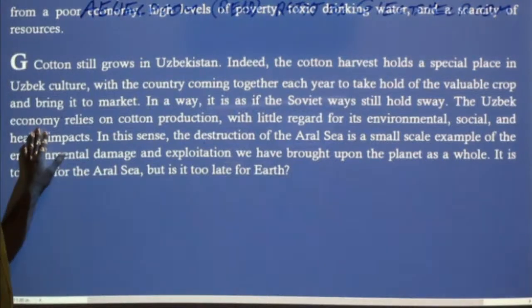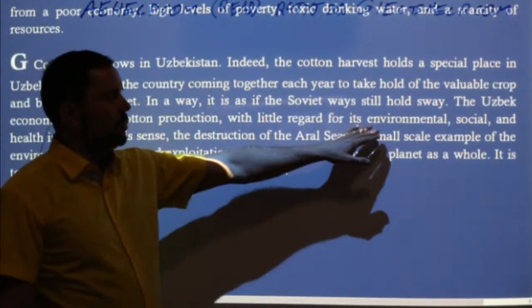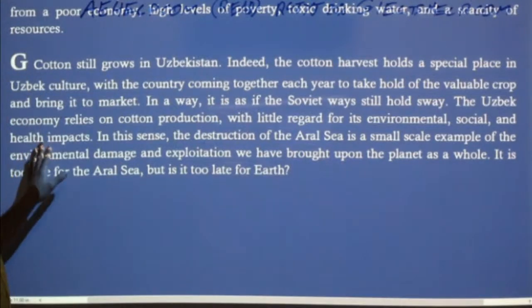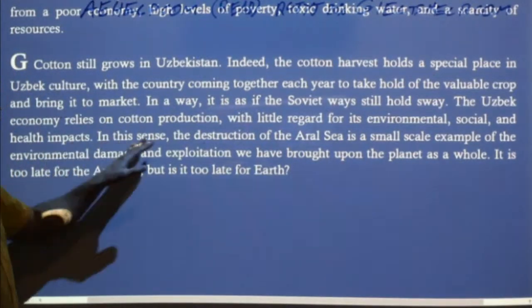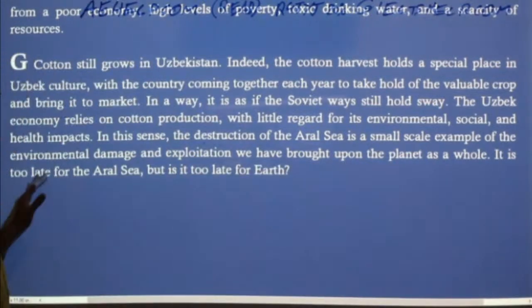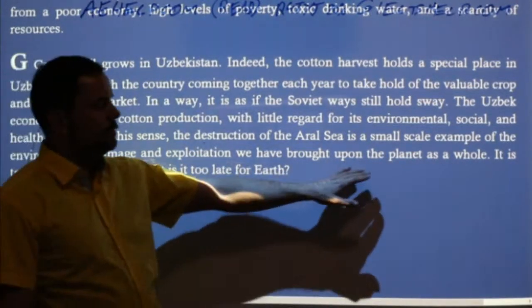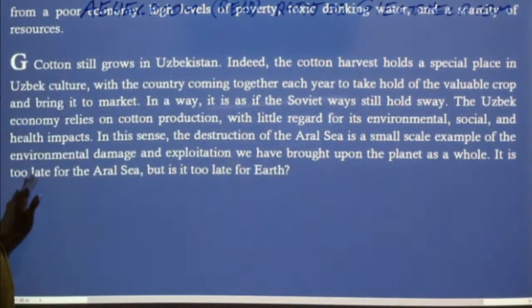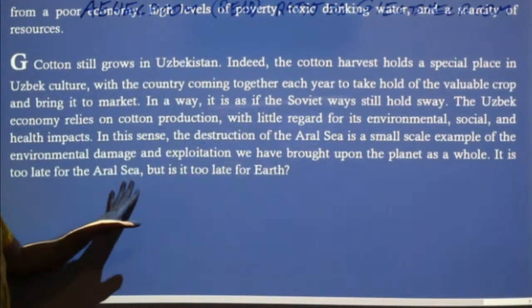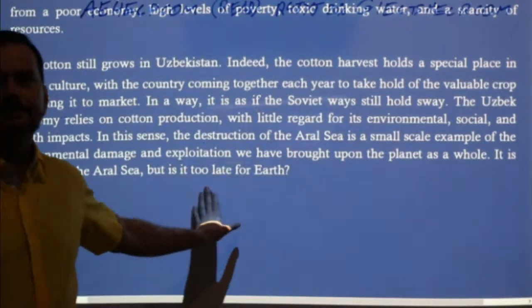The Uzbek economy relies on cotton production with little regard for its environmental, social, and health impacts. In this sense, the destruction of the Aral Sea is a small-scale example of the environmental damage and exploitation we have brought upon the planet as a whole. It is too late for the Aral Sea, but is it too late for Earth?